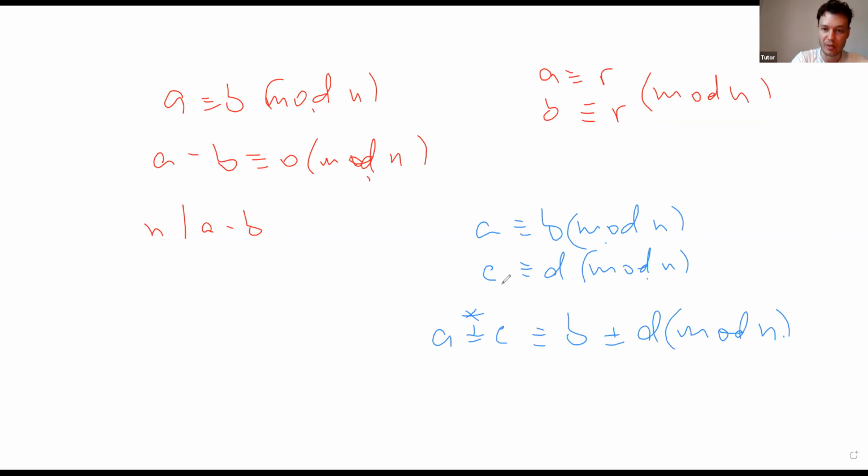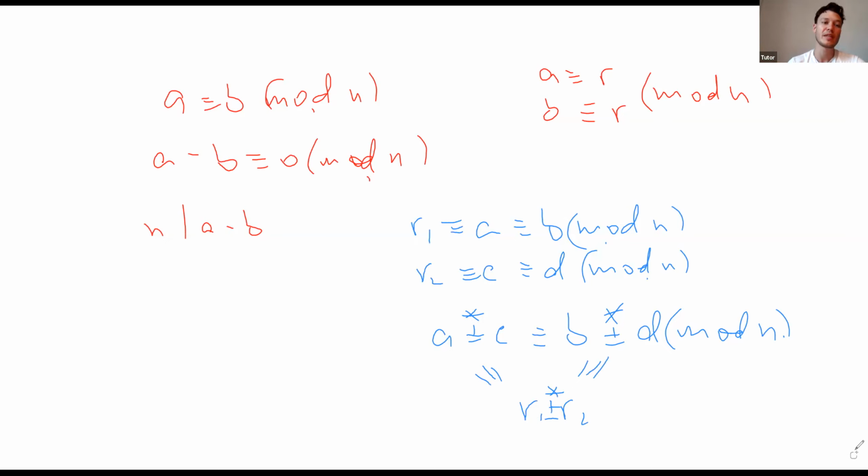So a times c is also congruent with b times d, and all of this is congruent with r1 times r2 mod n. So if these have remainders r1 and r2, then I can take the sum, difference, or product of the remainders mod n. Okay, so this is simple stuff with addition, subtraction, and multiplication.